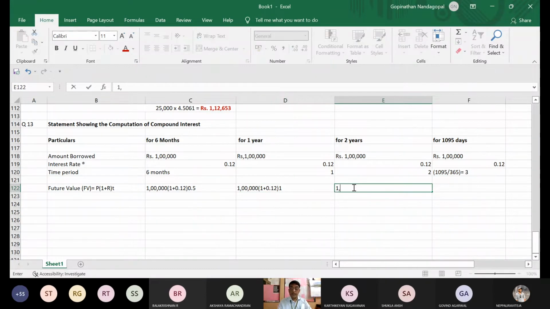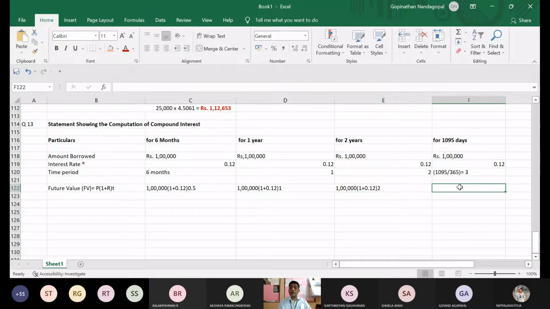Here, 1 lakh, 1 plus 0.12, 2. Here, 1 lakh, 1 plus 0.12, 3. Tell me the value now.